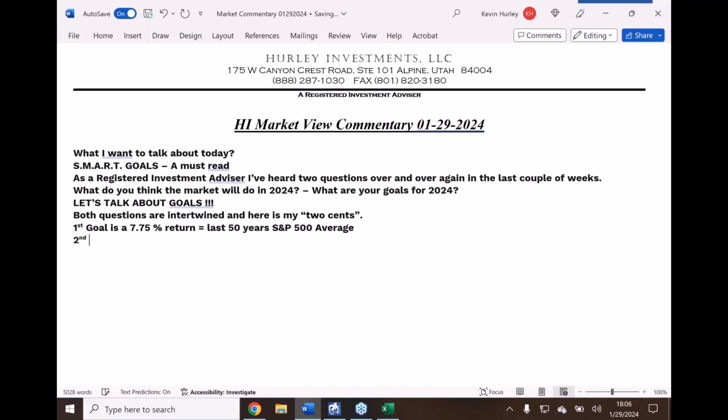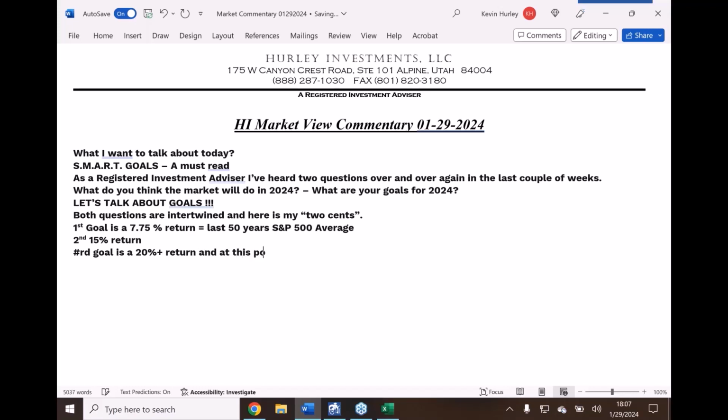Second goal is a 15% return, which is just doubling the 7.75. My third goal is a 20% plus return.